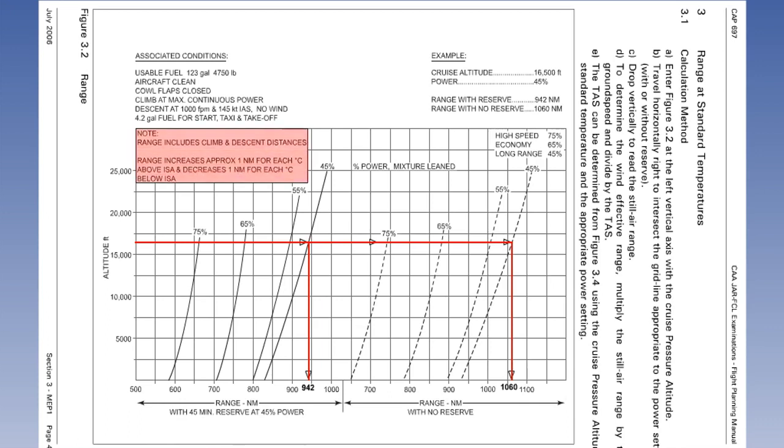It states that the range increases approximately 1 nautical mile for each degree Celsius above ISA, and decreases by the same amount for each degree Celsius below ISA. Range is affected by wind, so it may be necessary to make a further adjustment of nautical air miles to nautical ground miles. When you are ready, turn to Figure 3.3.